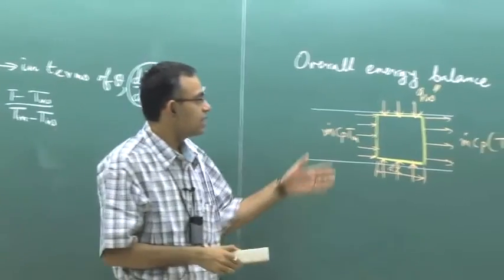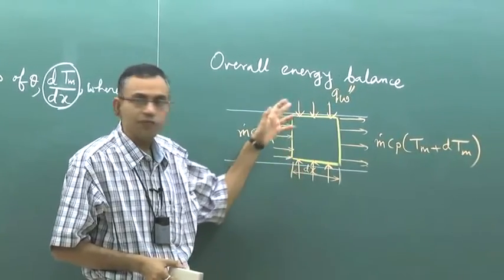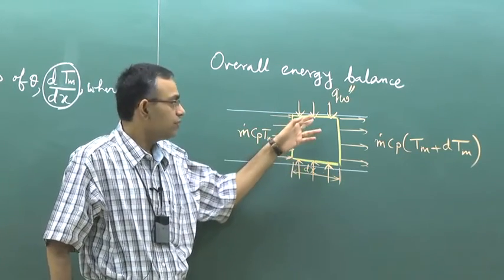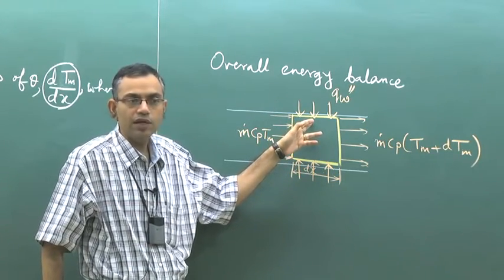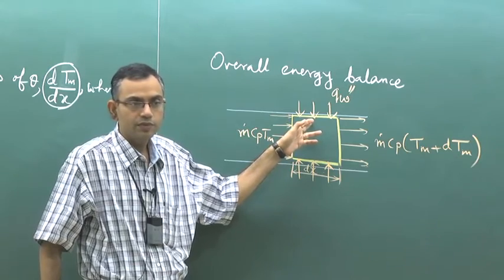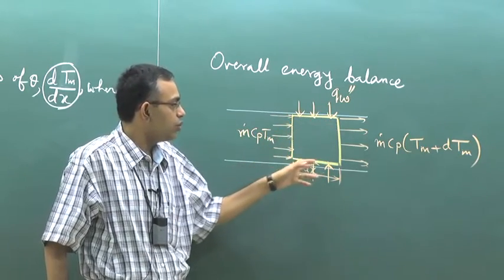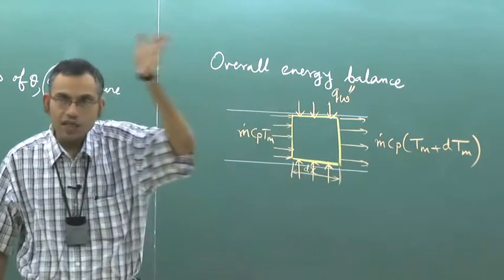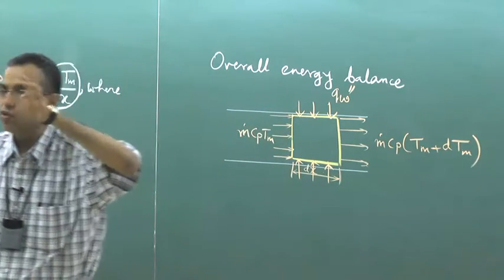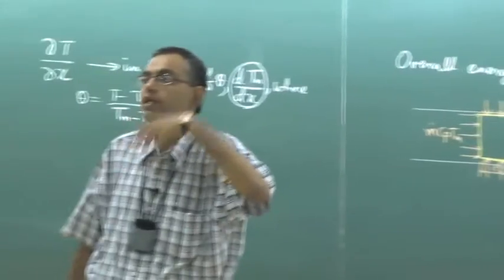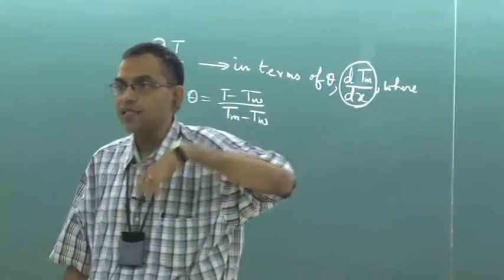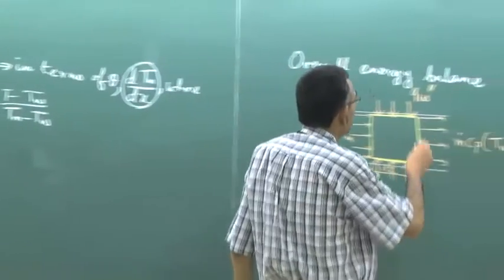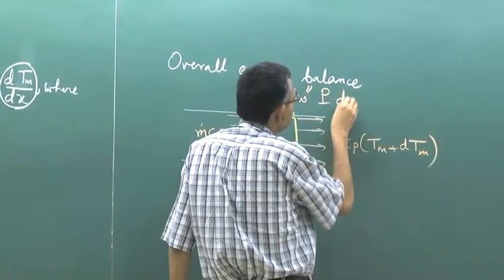Let us say this is a circular pipe of radius r. The rate of heat transfer is q double prime into 2 pi r dx, right? 2 pi r dx is the surface area of the pipe, which is nothing but perimeter into dx. So to generalize it for any section, we will write it as q double prime into perimeter into dx.